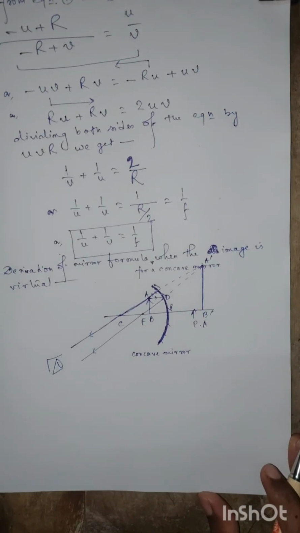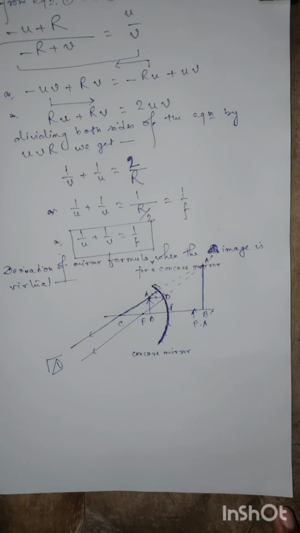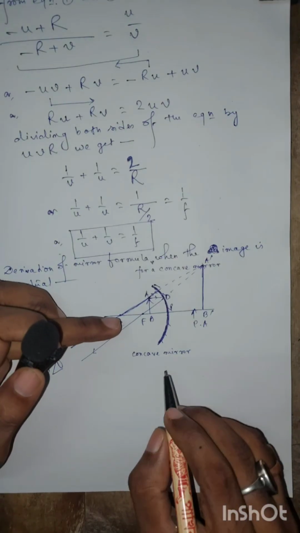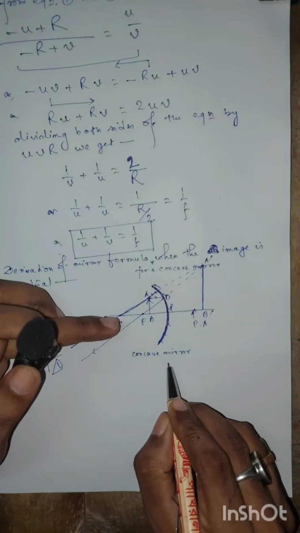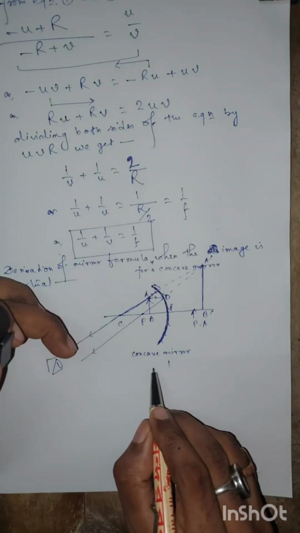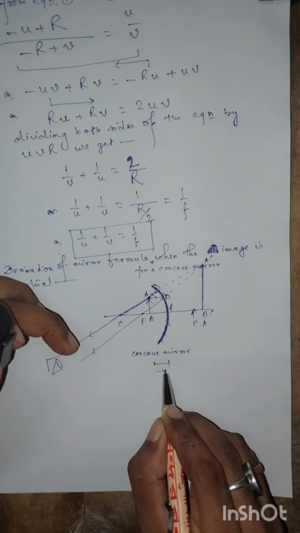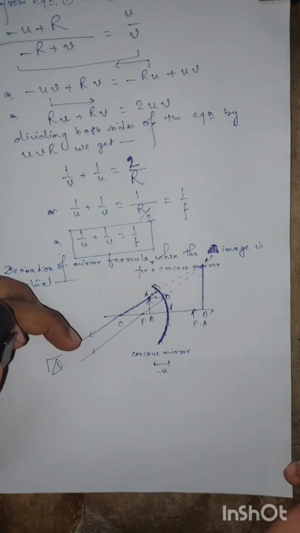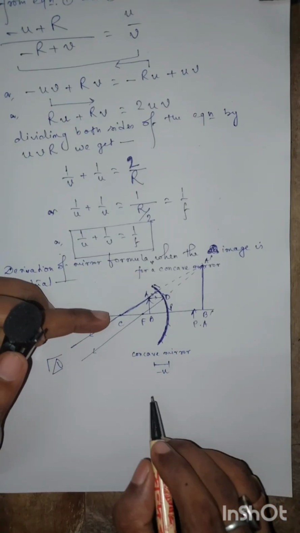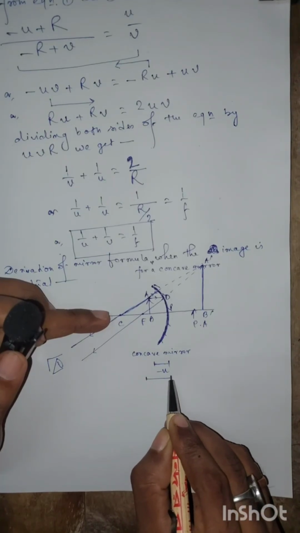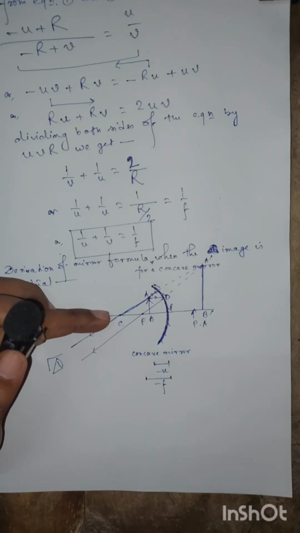Now let us write this. This is our object distance, which is minus u. This is our focal length, which is minus f.